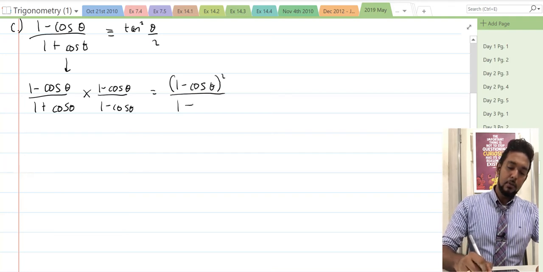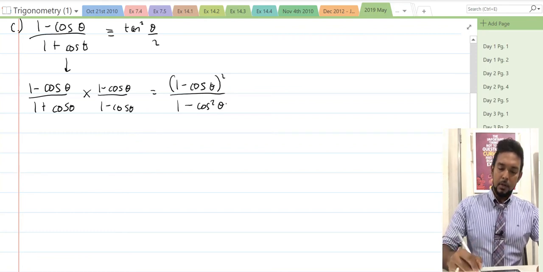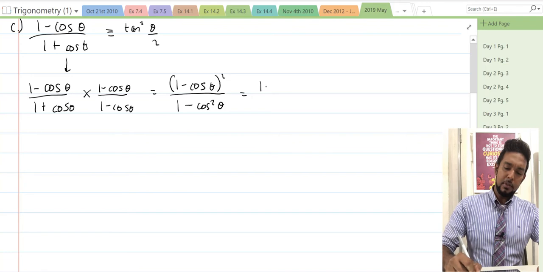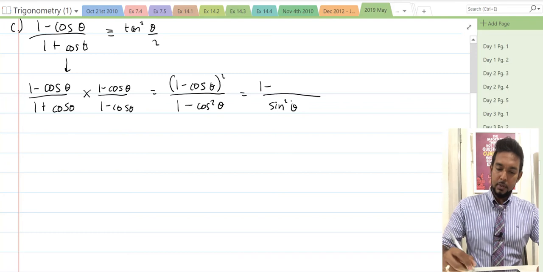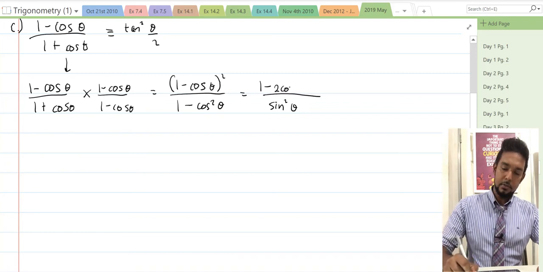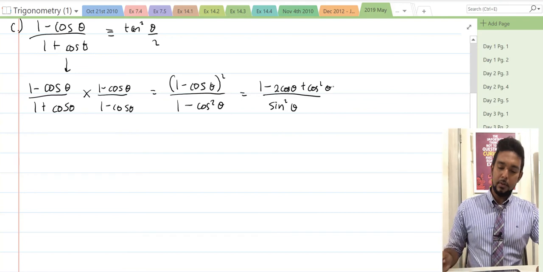The denominator would be 1 minus cos squared theta. What's 1 minus cos squared theta? Sine squared. If we expand the numerator using perfect squares, what do we get? We get 1 minus 2 cos theta plus cos squared theta.